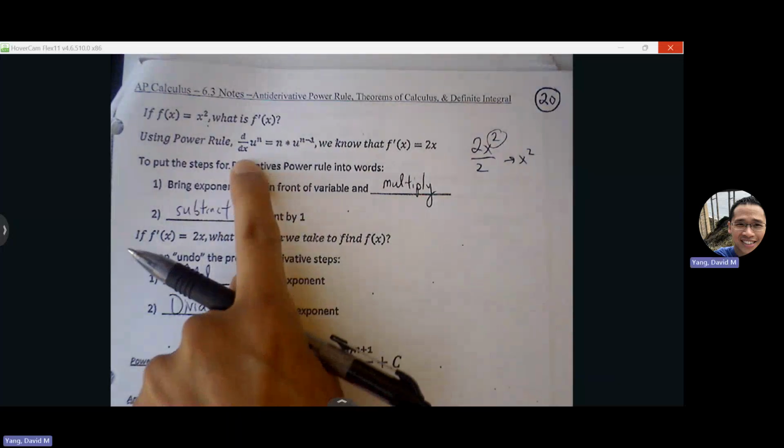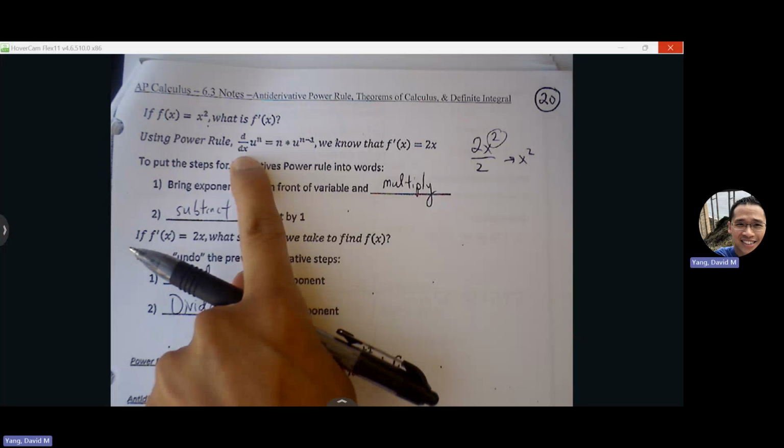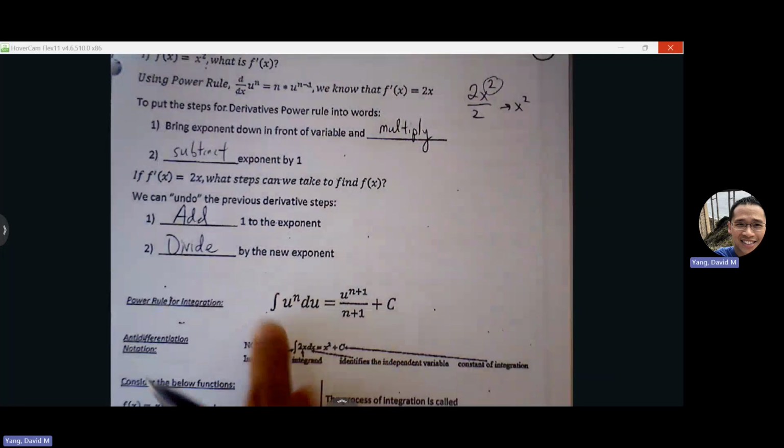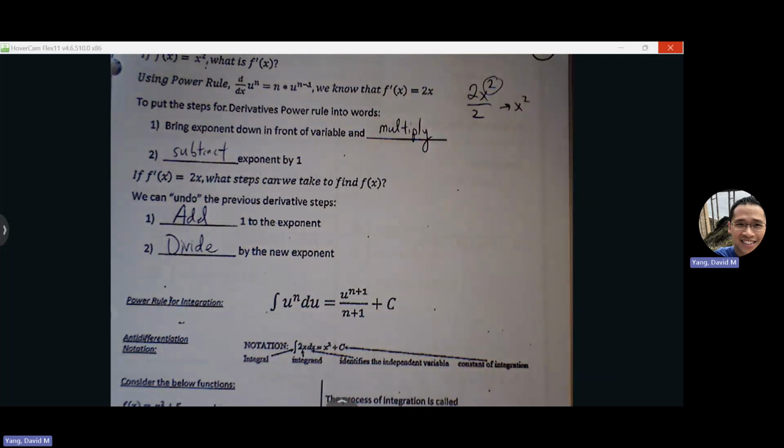Now, our notation for derivative is d over dx. But if I want to find the antiderivative of an expression, then this is the notation I'm going to use. This is an integral notation. It looks like an F-shaped notation there.